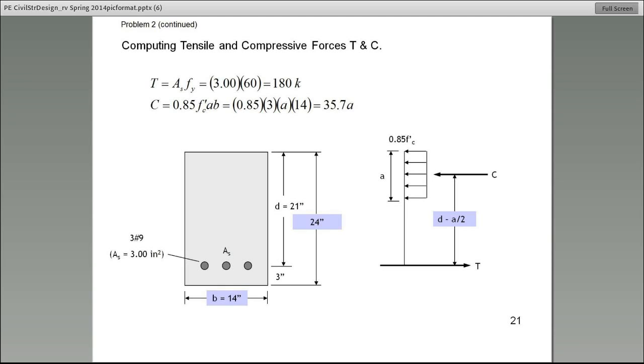And here's what we need to do, step by step. Once you have this sketch, we're going to calculate the value of T and the value of C. These are the loads, all right?